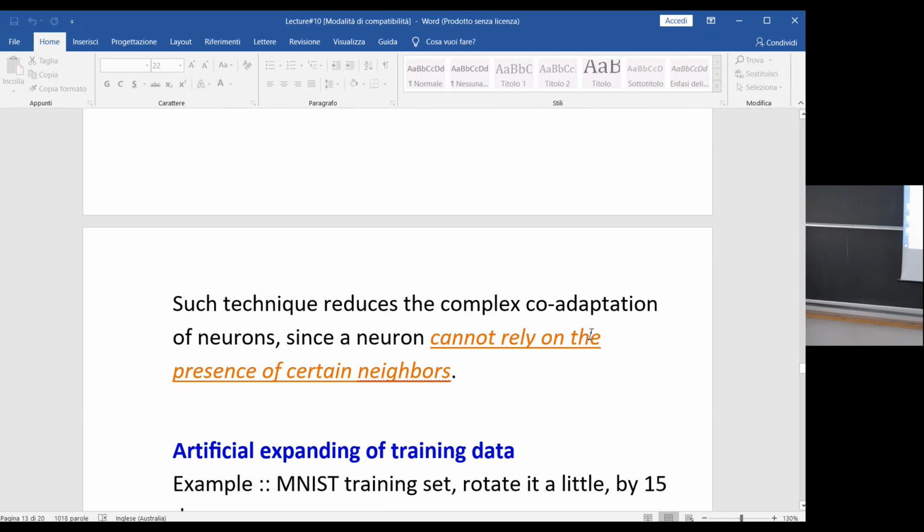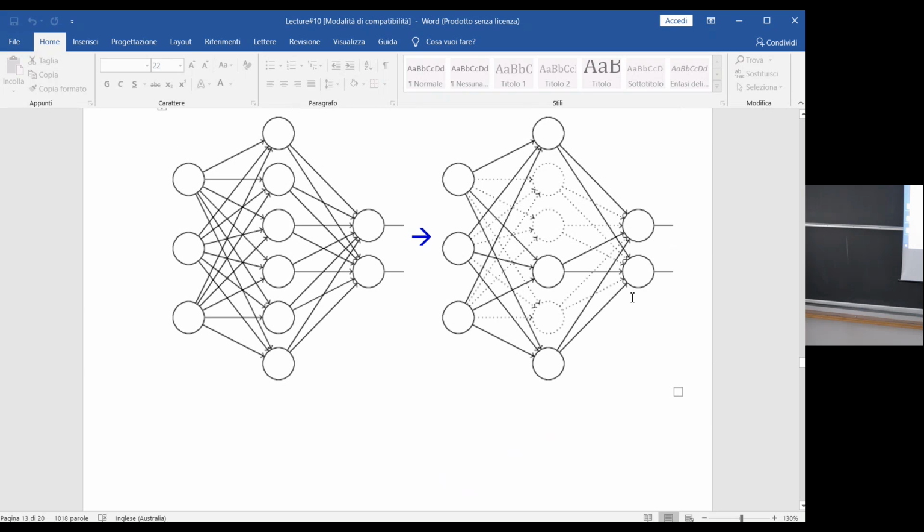At every iteration, we change the presence and absence of different neurons in our given layer.